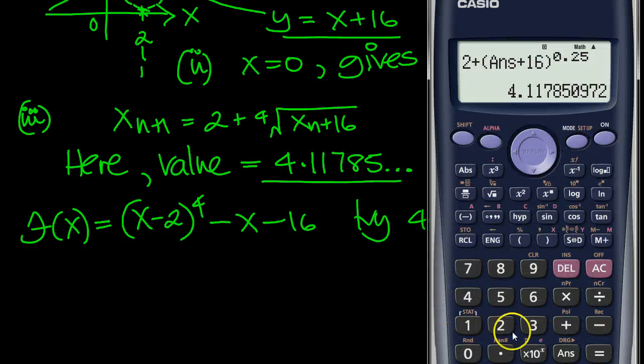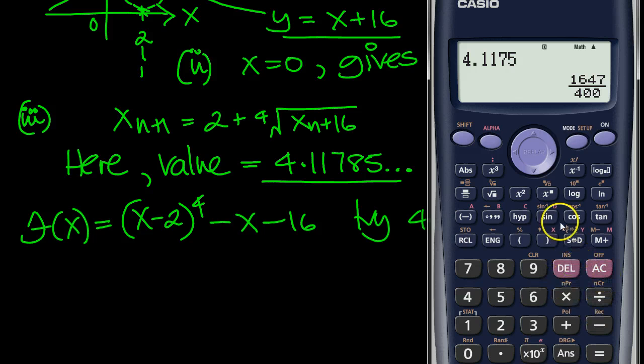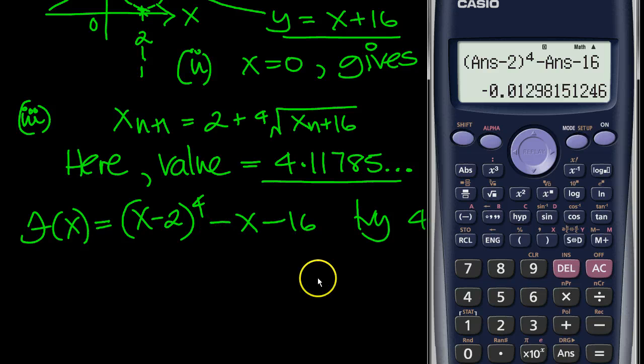Let's try 4.1175. It's answer minus 2, all of that in brackets to the power 4, minus the answer, minus 16, equals negative.